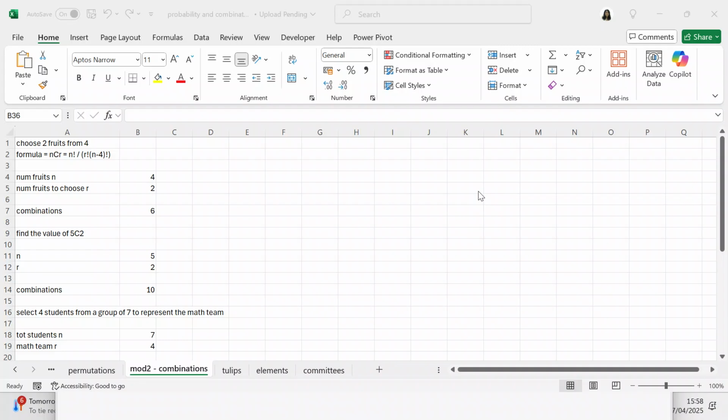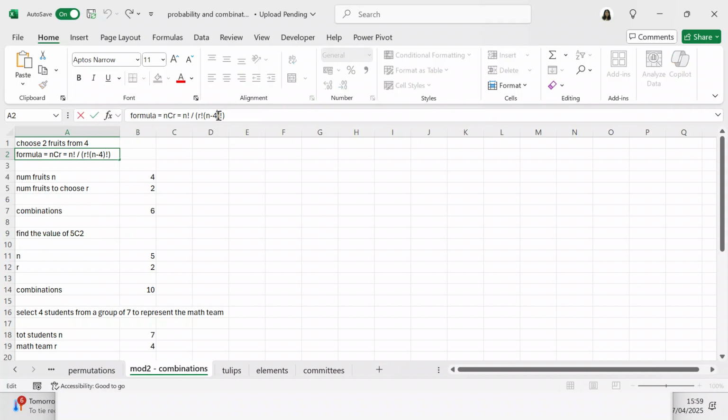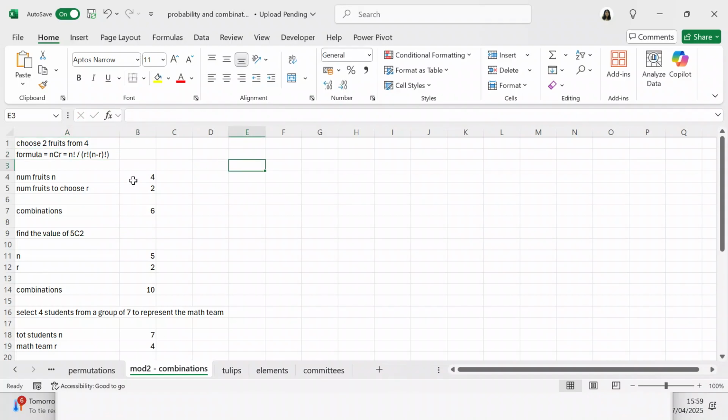The formula is nCr equals n factorial divided by r factorial times n minus r factorial. I made a mistake there, I said n minus 4 factorial, but it should be n minus r factorial. So the number of fruits, n, is 4, and the number of fruits to choose, r, is 2.